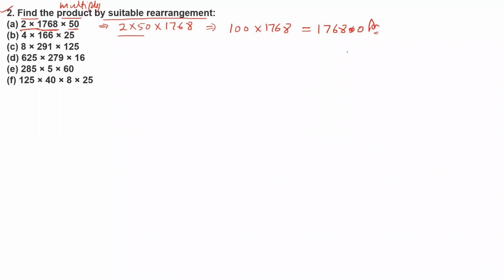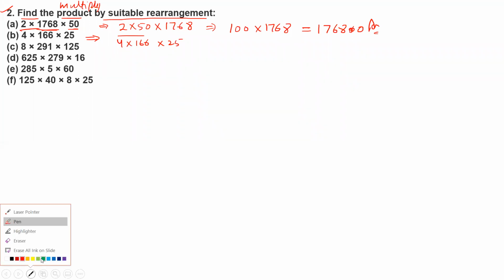So in this way, if you are finding the product by suitable arrangement, the question becomes very easy for you. You don't have to actually do the multiplication or complex calculation. Okay, it becomes very simple. For example, 4 into 166 into 25. So what are you going to do?